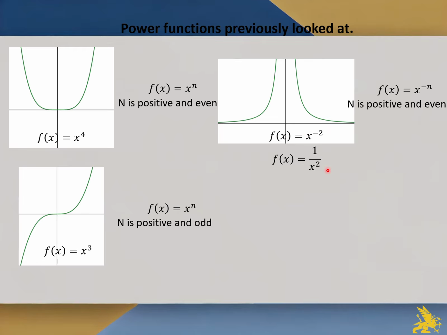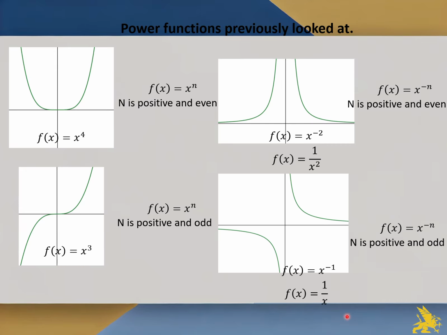And it's always going to have this shape as long as our n is positive and even. Then finally, if it is odd, I'm just going to do 1 over x, because 1 over x is the same as x to the power of negative 1, and we know it's going to be in quadrant 1 and quadrant 3.